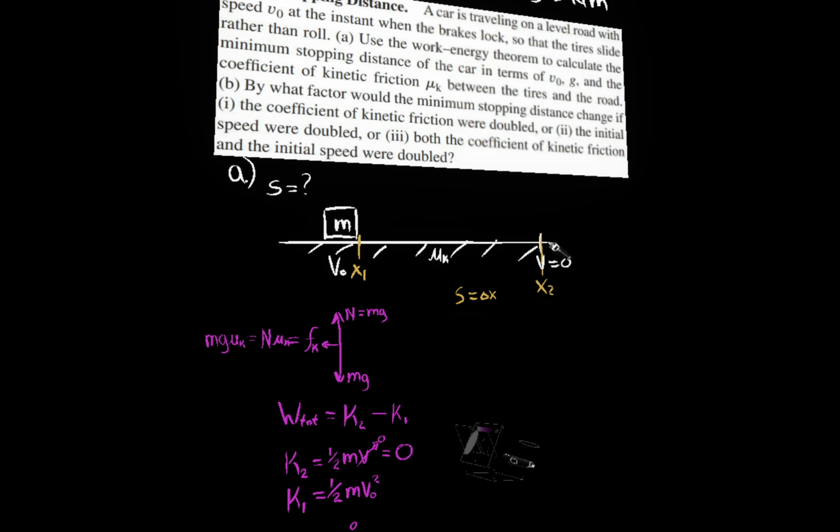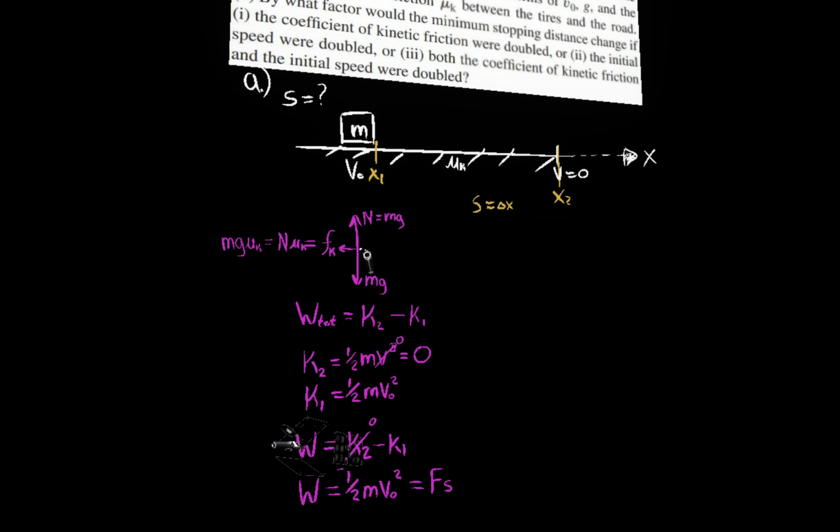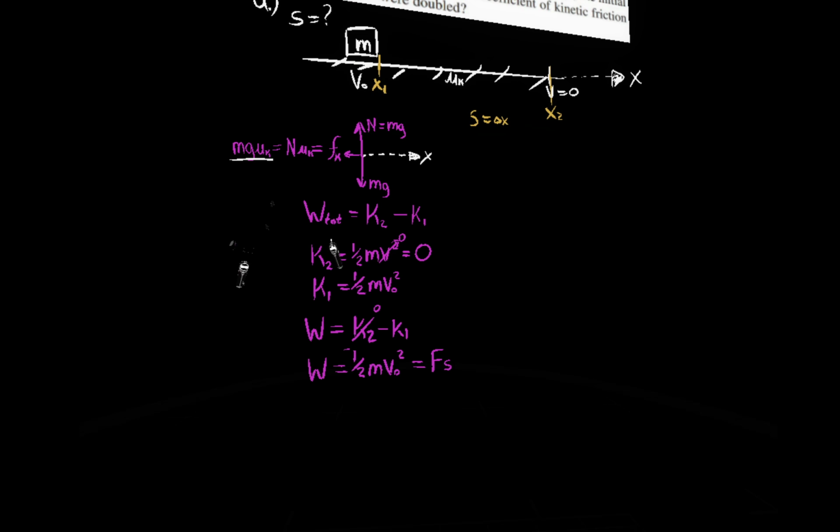So if this is x here, then the motion is in the positive x direction. And that means that this, which we've gone all the way to figure out, is mg mu sub k. That would be in the negative x direction.